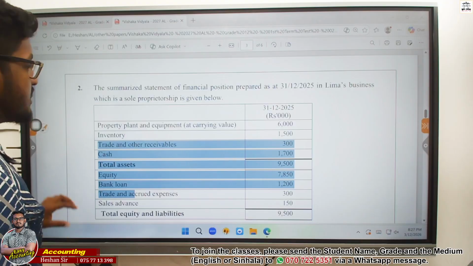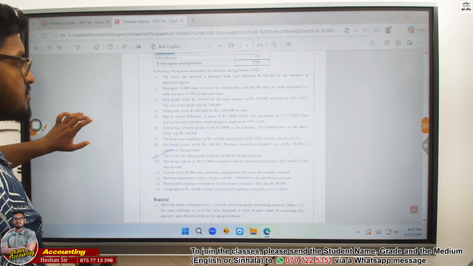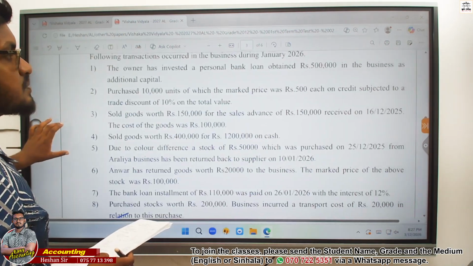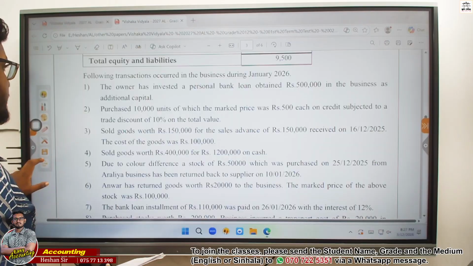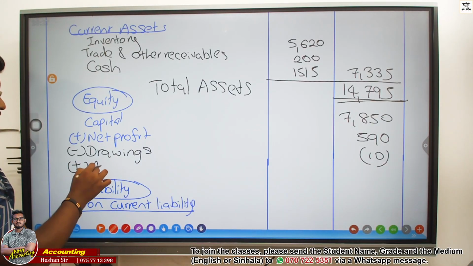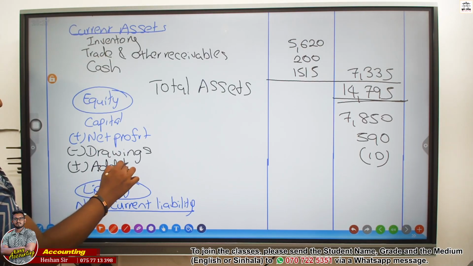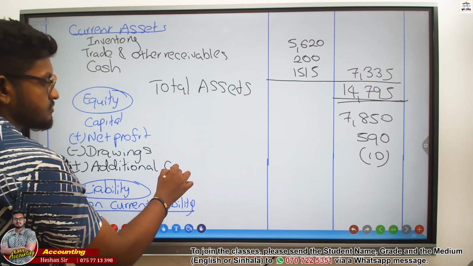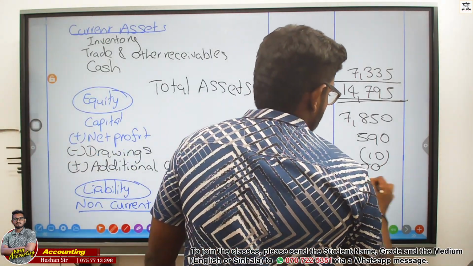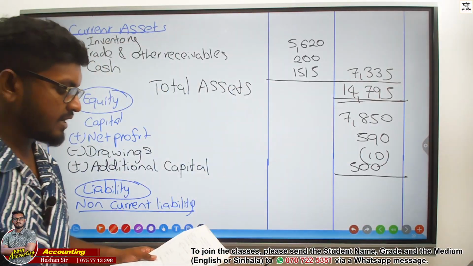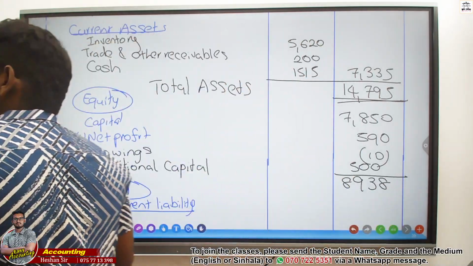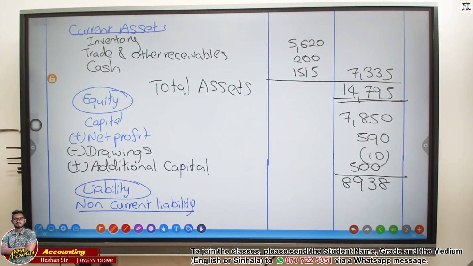So check whether there is any additional capital. Yes, you can see the owner invested his personal motor vehicle and a personal bank loan. So you can add additional capital 500 to here as well. So the same way you get 8,938. Send me a thumbs up. You can verify the answer.